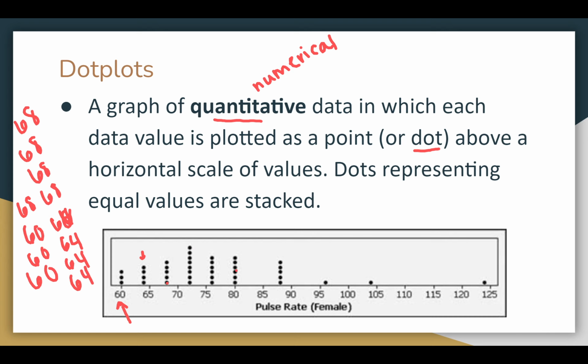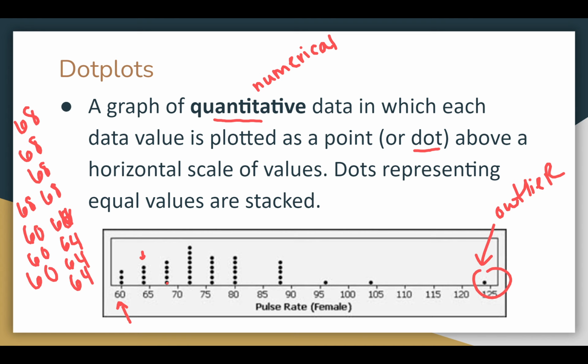Then 76, 80, and so on. If you notice over here, there are gaps, and then there's this one over here at about 124. This is pretty far away from the majority of the data, so it is probably an outlier.